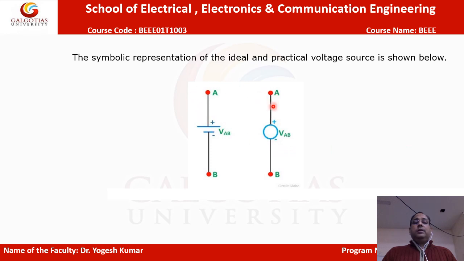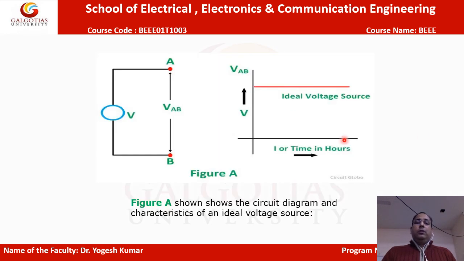Now here you can see the symbolic representation of the ideal and practical source. This is the ideal voltage source and this is the practical source. Generally we have seen such plus minus symbols. Now let's see the graph between the ideal and practical voltage source. First look at the ideal voltage source. With an ideal voltage source, the voltage is constant throughout the entire circuit.